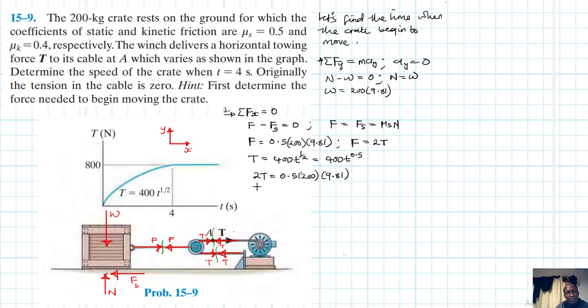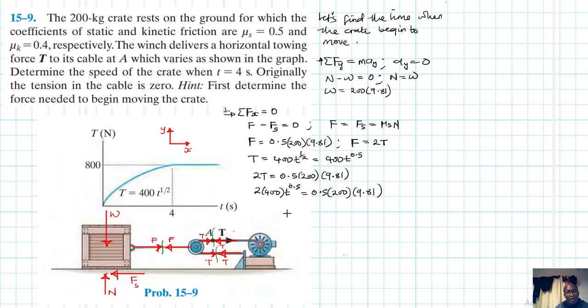Here we know that our T is equal to 400 t^0.5, it's already given there on top. So this becomes 2 times 400 t^0.5 equal to this, like so.